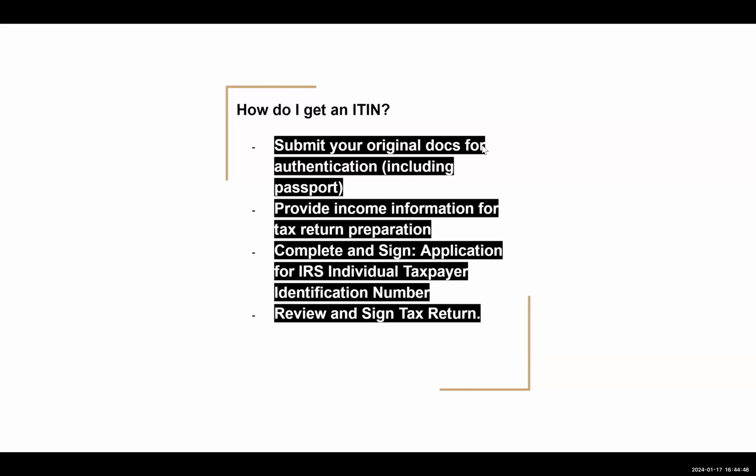We only accept mail sent off with tracking. It has to be mailed to us. We have an address that we'll provide you with, but it has to be sent off with the quickest shipping option and with tracking, or we will not accept it. Your passport and those documents are very important.